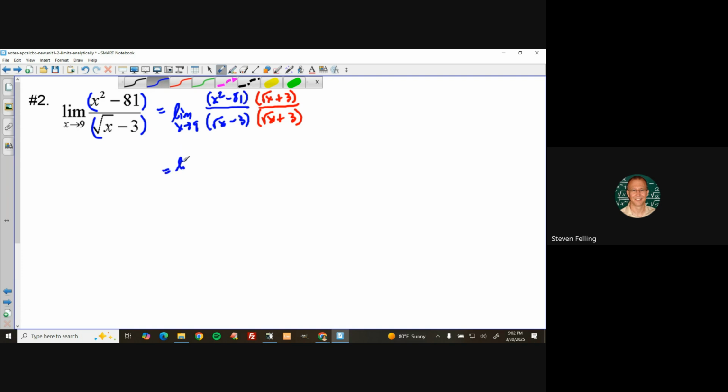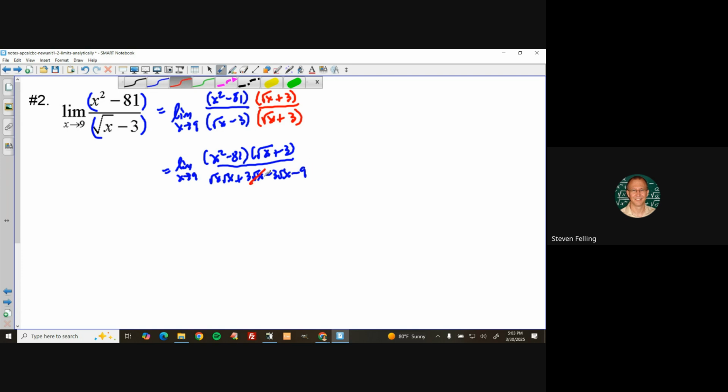Okay, so this is equal to the limit as x approaches 9 of, I'm not going to multiply that out, it's x squared minus 81 times the square root of x plus 3. But on the bottom, I am going to multiply this out, because if you multiply a square root of x times the square root of x, let me actually write it out. Square root of x times square root of x, we'll do FOIL, plus 3 times square root of x, minus 3 times square root of x, negative 3 times positive 3 is negative 9.